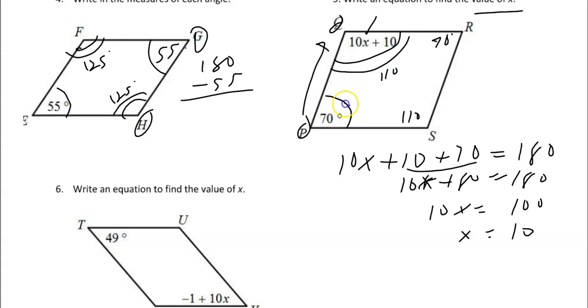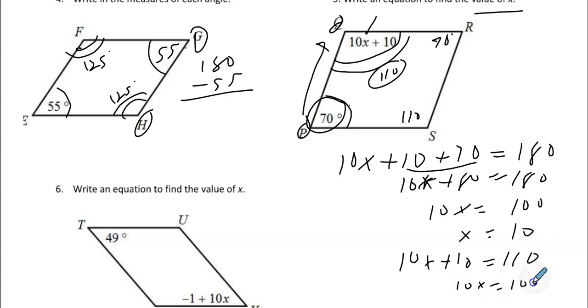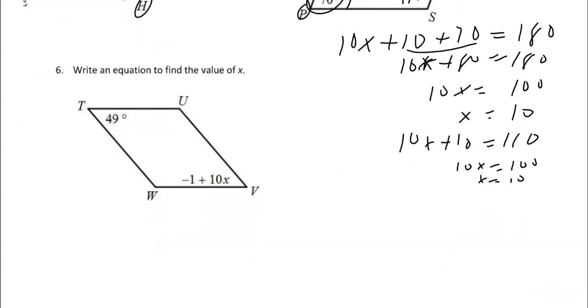Since we know this is 70, we could have figured out this was 110, and we could have just done 10x plus 10 equals 110. And then we could have done 10x equals 100 and gotten x equals 10. So there are 2 ways of doing this. Whatever you're most comfortable with, you go with that.